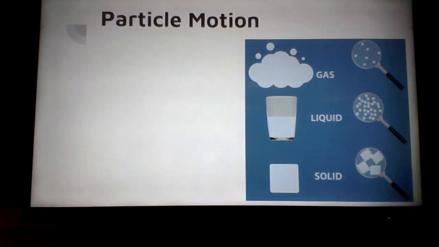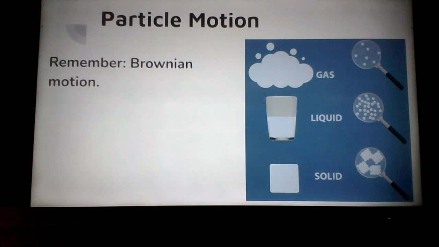All right. Particle motion. Remember that molecules and atoms, even if the object you're looking at appears to be completely stationary, the particles that make up that substance are always in motion. We defined this before as Brownian motion. Look at the pictures there. The gas particles, the liquid particles, and the solid particles.